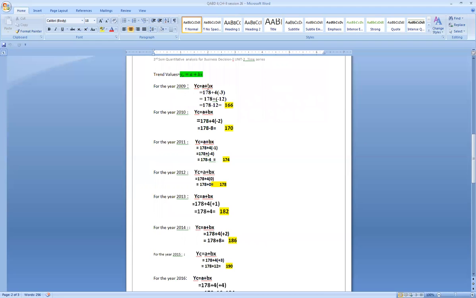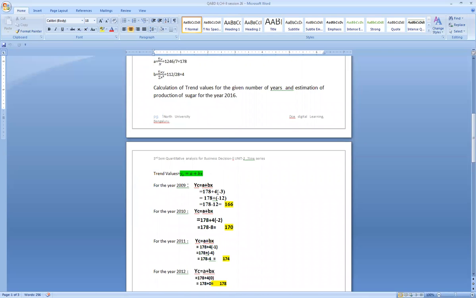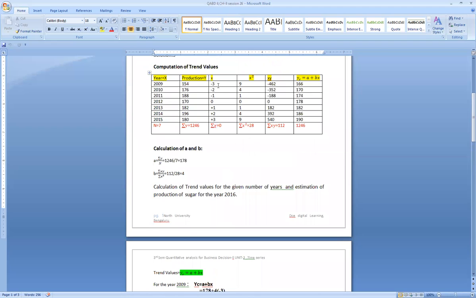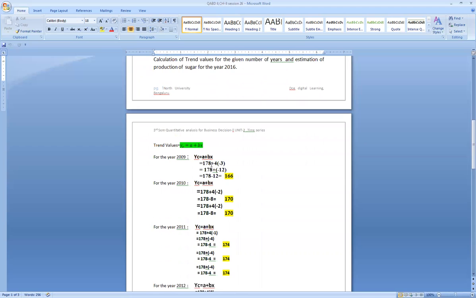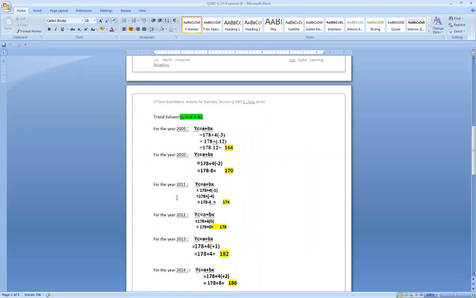For 2009, a is 178 and b is 4, already calculated by the formula, into the x deviation value, which is minus 3. When x equals minus 3, what is the trend value? 178 plus 4 into minus 3 is 178 minus 12, the value is 166. Let us go for the second year, 2010.